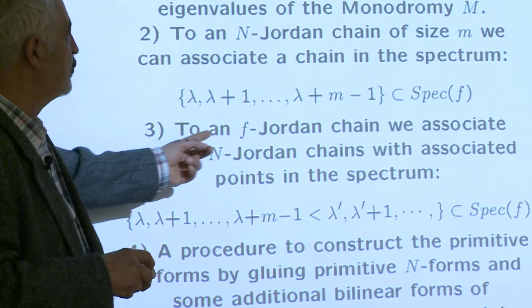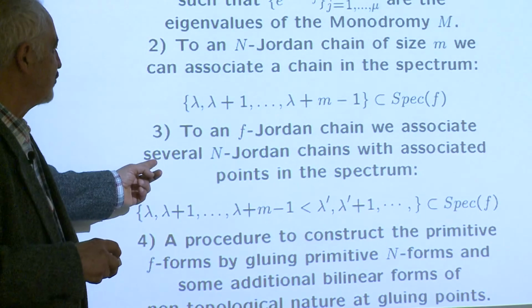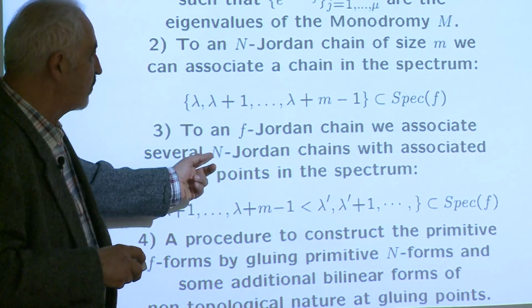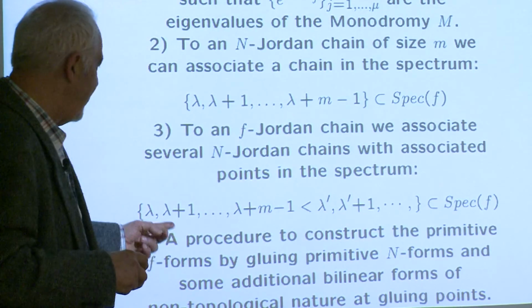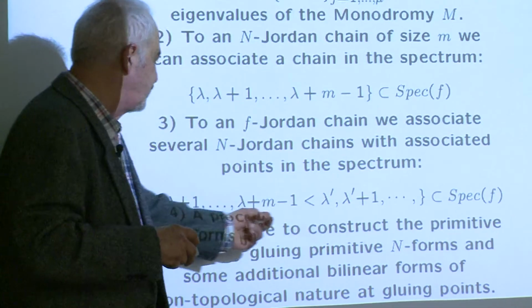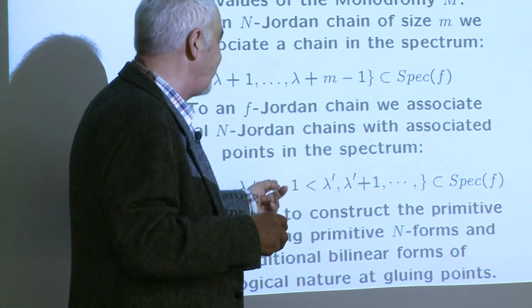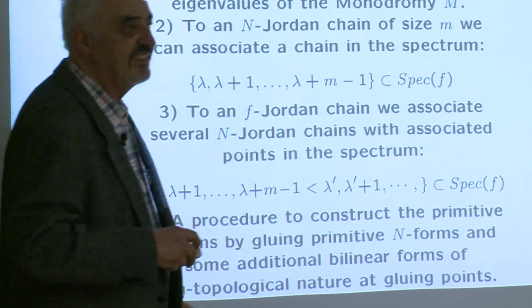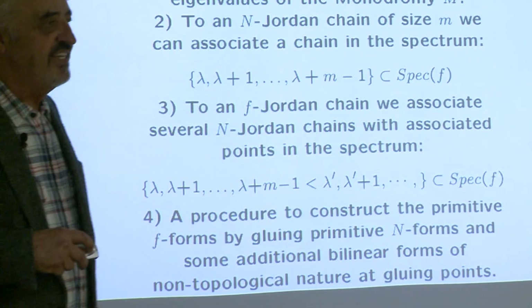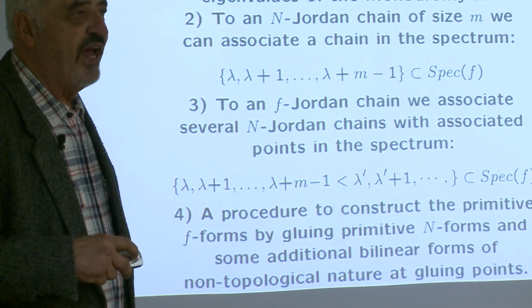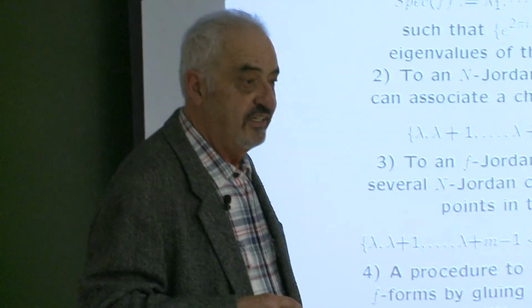And to an F-Jordan chain, we can associate several of these n-Jordan chains. One of the first n-Jordan chains, then the other one, and these are related one to the other. So in that sense, the F chains are obtained by gluing together n chains.